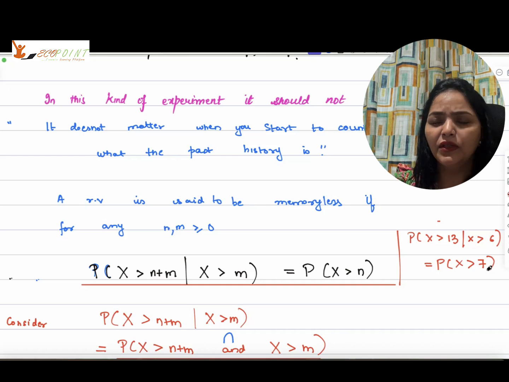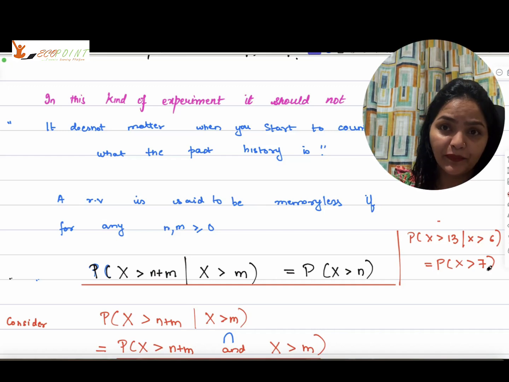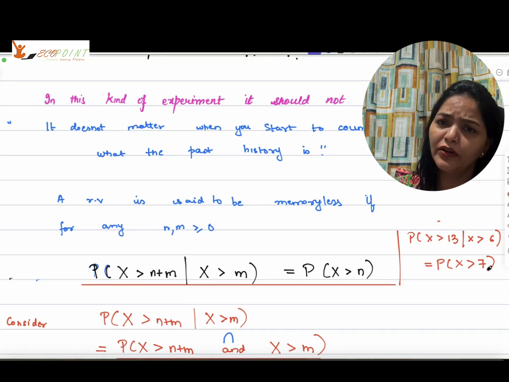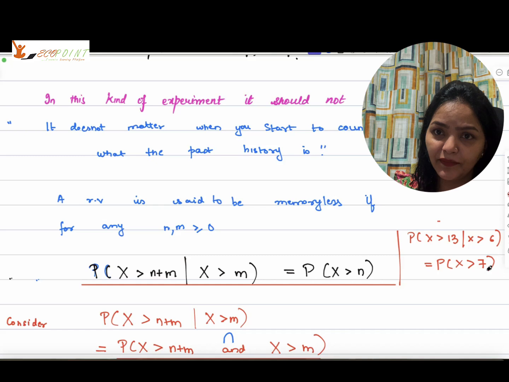What are you saying? You are saying: what is the probability that I'll take more than 13 tosses, given I have already done 6 tosses and got failure in all of them, that is tail, in order to get my first head.